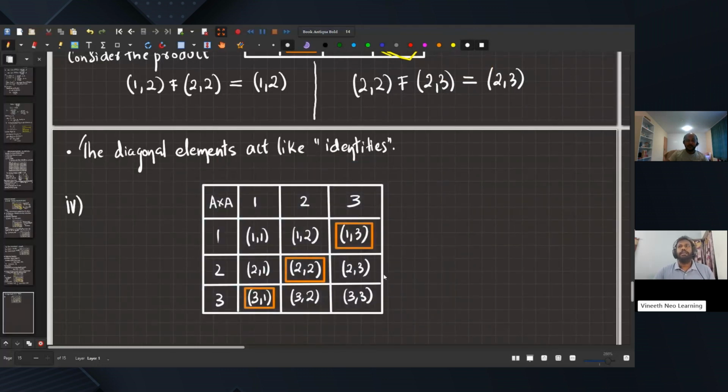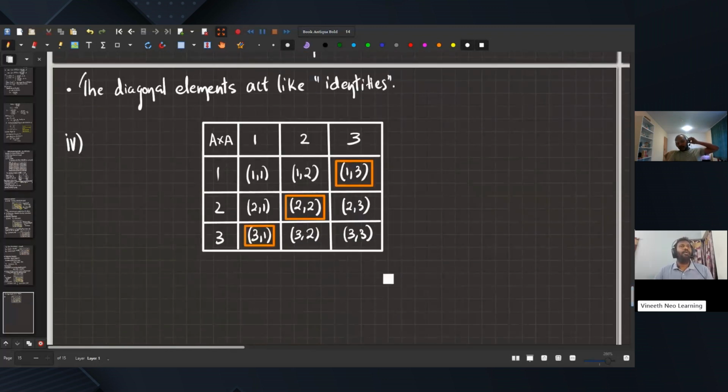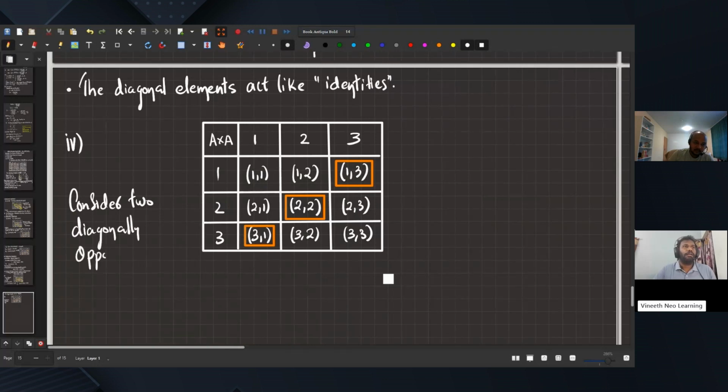To show that, let's pick diagonally opposite elements. Consider two diagonally opposite pairs: (2, 1) and (1, 2).